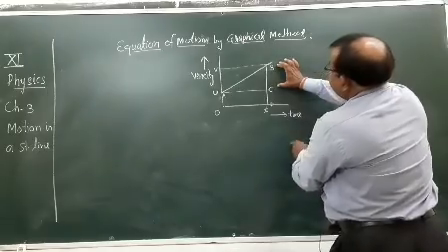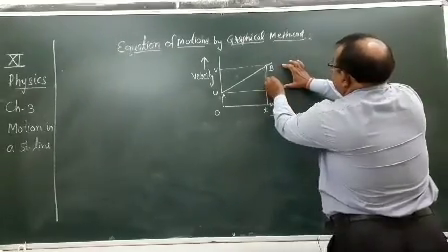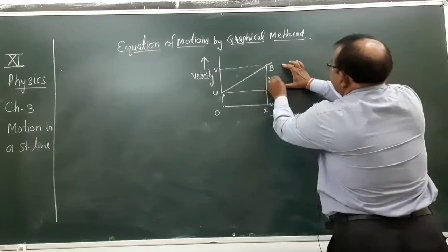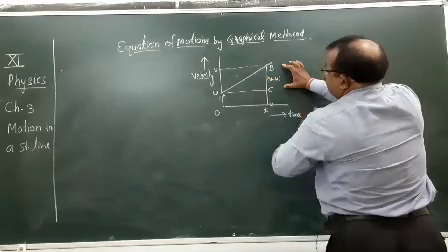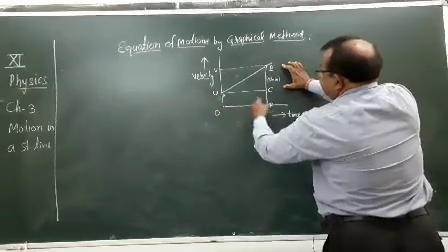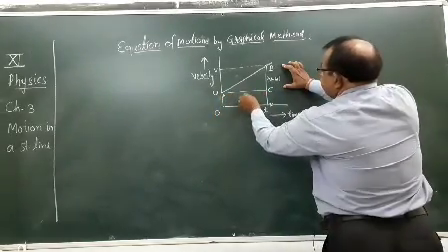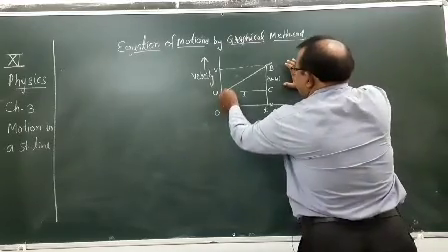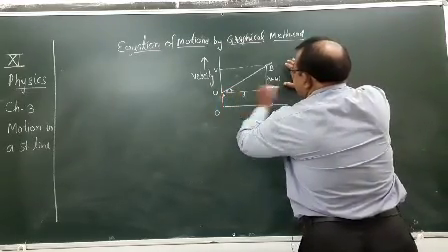So distance BC will be v minus u, and time taken from A to C is t, time axis, okay. And this slope, suppose it is theta.